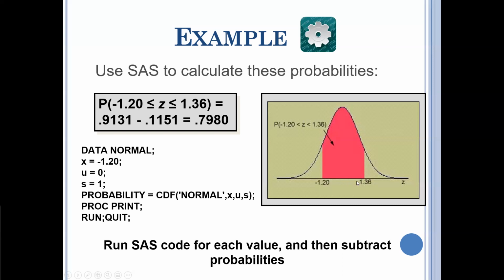Because if we do a CDF of 1.36, it's going to give us all of the area from 1.36 all the way down to negative infinity. Then if we find the CDF of negative 1.2, it's just going to give us this area in this left tail. And if we subtract that area from that whole big piece, you can see that what's left over is the in-between. So that's how we find in-betweens with SAS: you have to do the top value minus the lower value, and that always gives you in between.